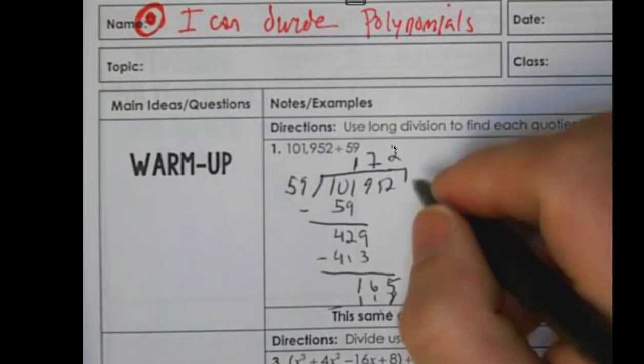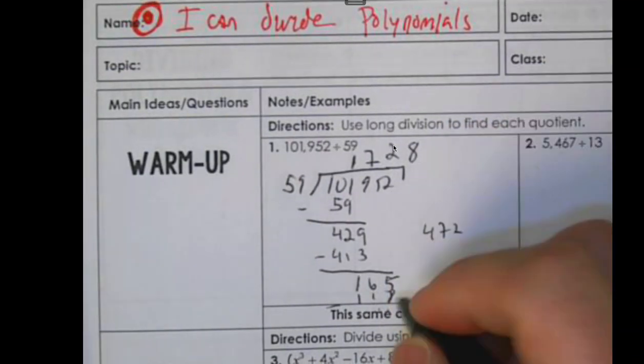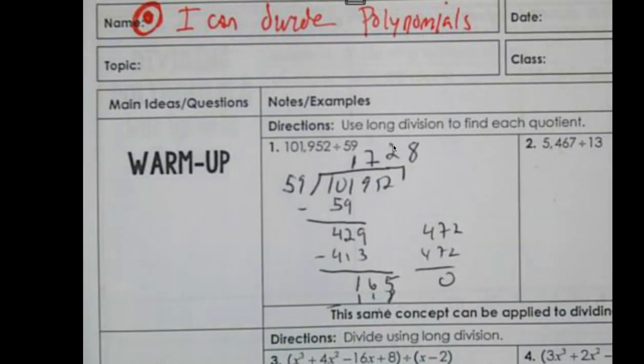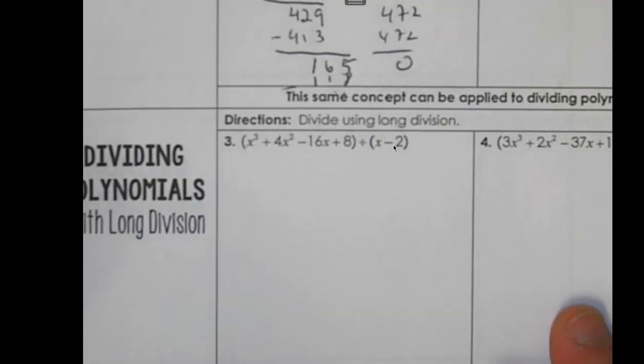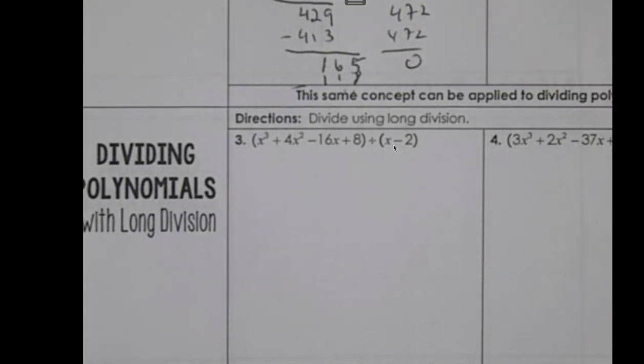And I believe that's 8 times. Is 472. And you get 0. So that's long division. Remember that? You can do the exact same thing of long division if you use it with polynomials.